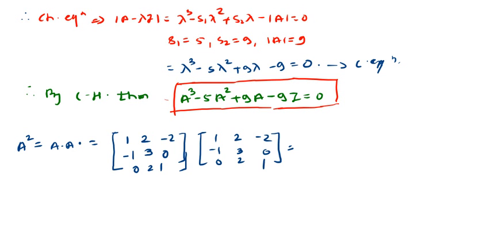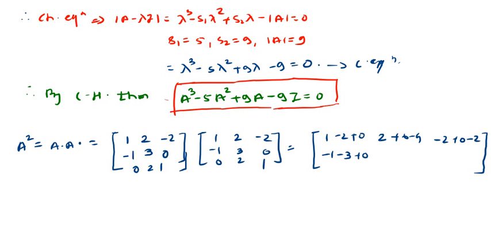Taking this multiplication, the first entry will be 1 minus 2 plus 0. Then first row second column, 2 plus 6 minus 4. First row third column, minus 2 plus 0 minus 2. Second row first column, minus 1 minus 3 plus 0.